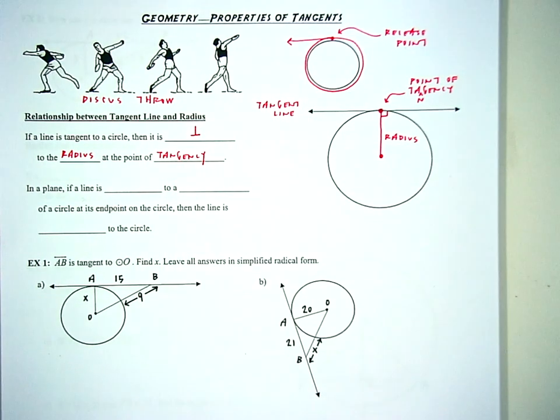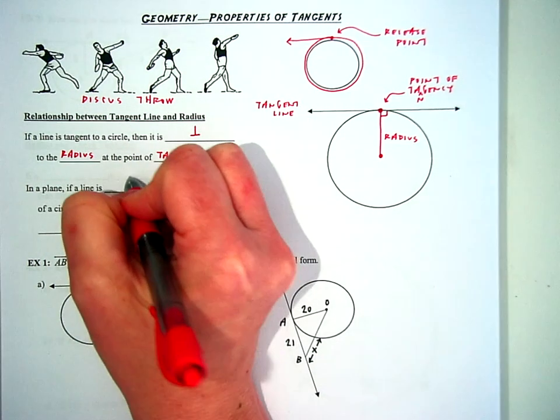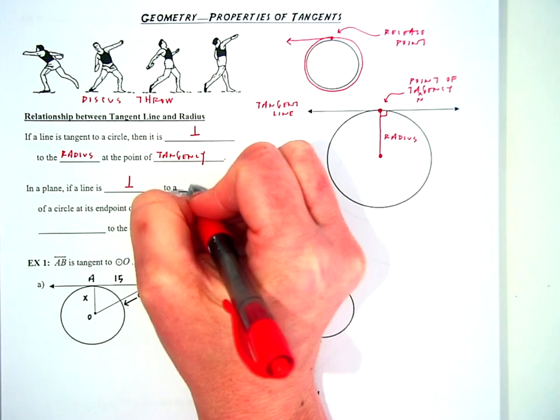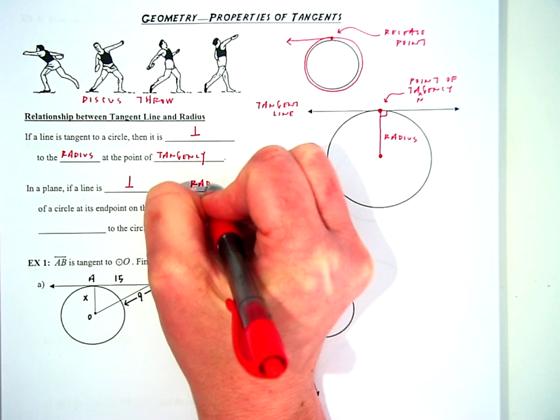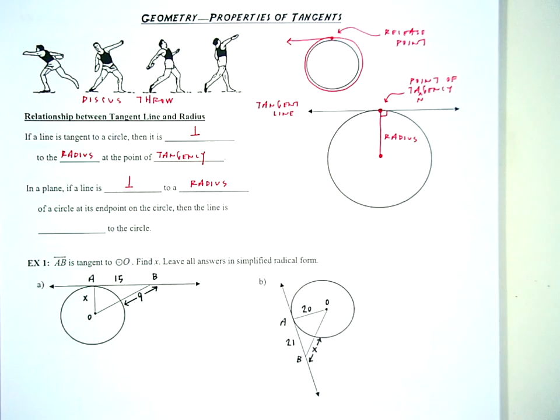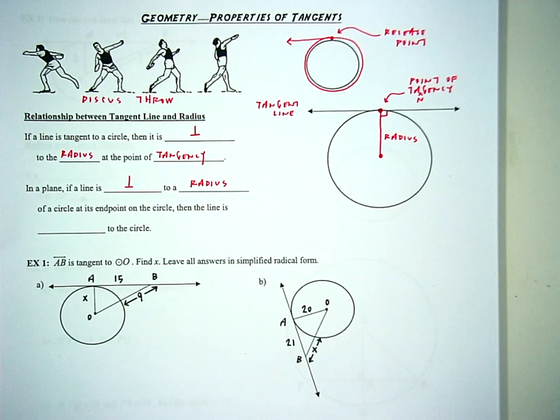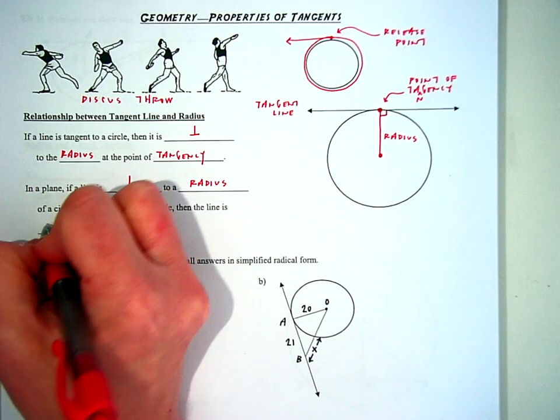In a plane, if a line is perpendicular to a radius of a circle at its endpoint on the circle, then the line is tangent to the circle.